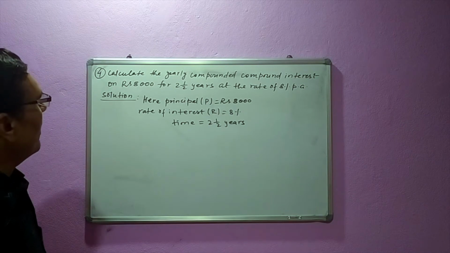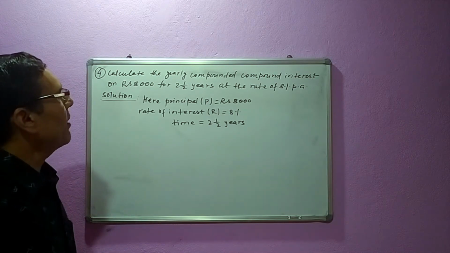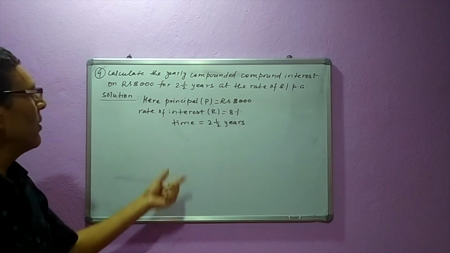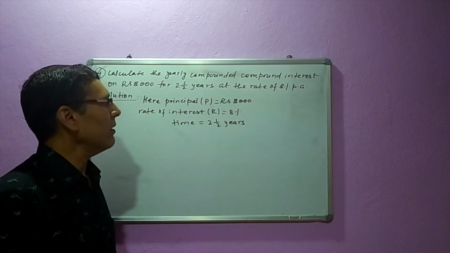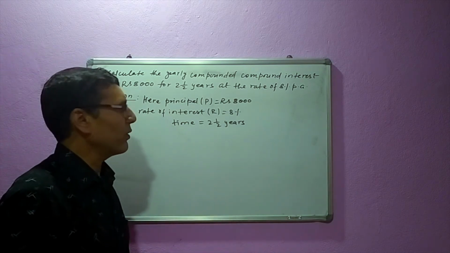Yes, we have to calculate the compound interest for yearly compounding. We are given the time is 2.5 years. We have to break down this time into two parts.